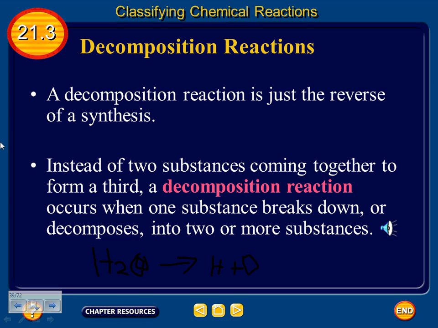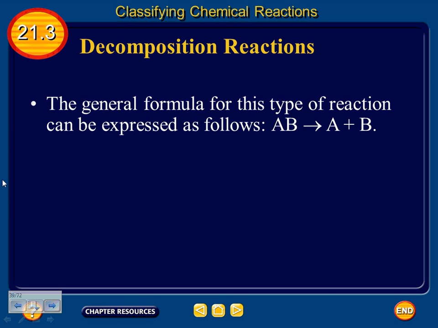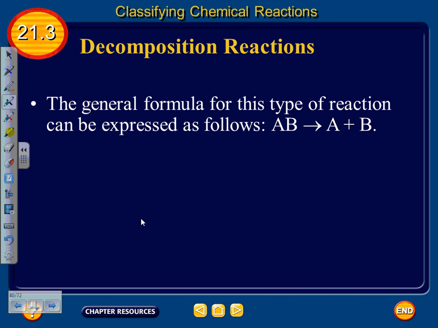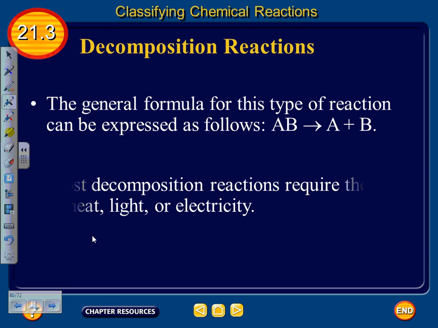I didn't balance the equation. Okay. The general formula for a decomposition reaction can be expressed as follows: AB produces or breaks down into A plus B. Most decomposition reactions require the use of heat, light, or electricity. All right.